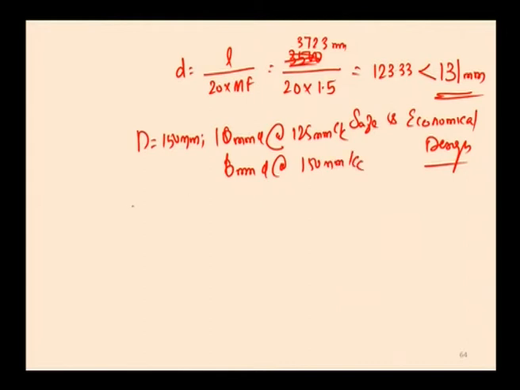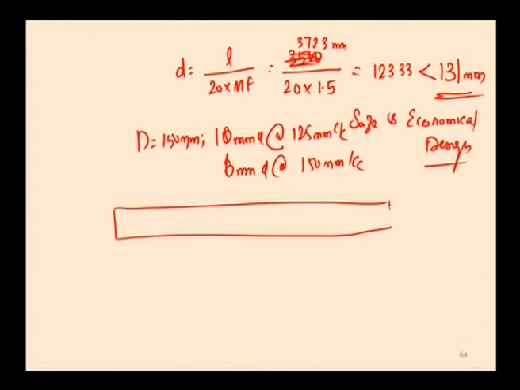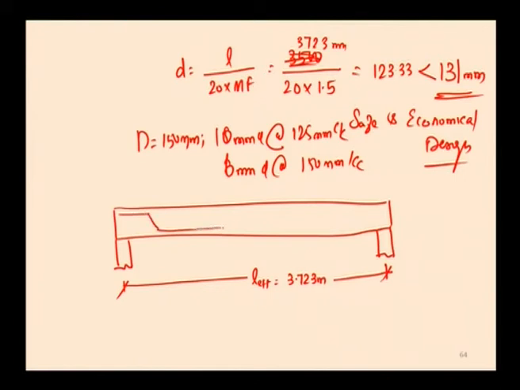Now, we need to draw the cross section of the slab. This is the cross section. This is a simply supported slab, and the effective span of the slab is L effective equal to 3.723 meter, and this is the main reinforcement.